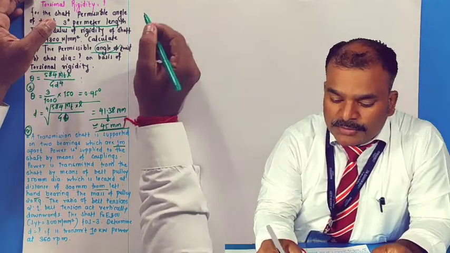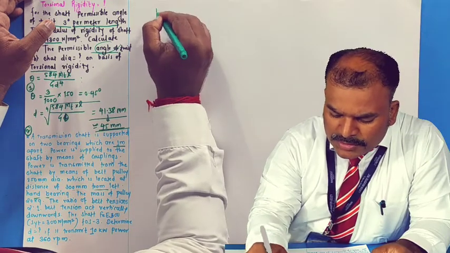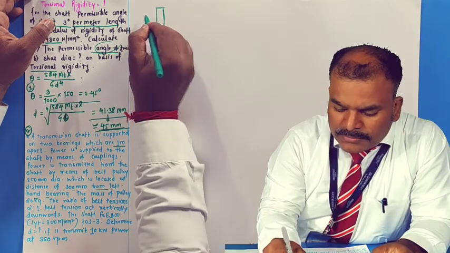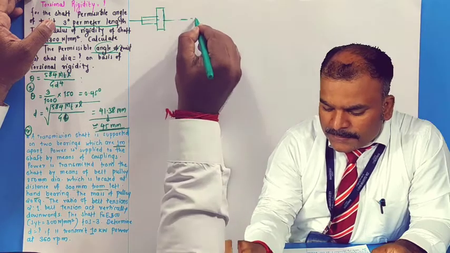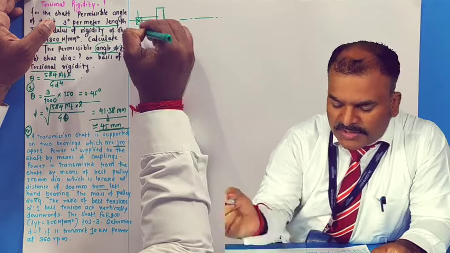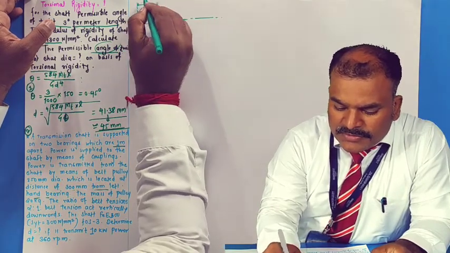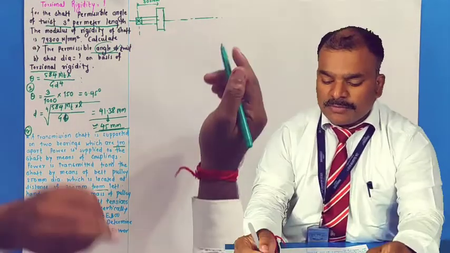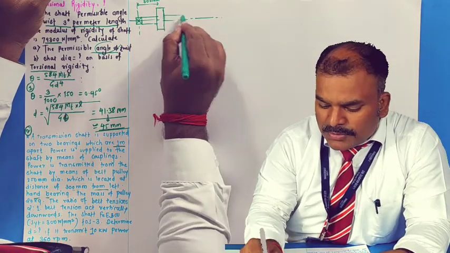So I will have to draw the diagram. First of all, I'll draw the pulley. Now they have suggested we calculate at the bearing. This is the left hand bearing with its center, and they have told us this distance is 300 mm. The total bearing distance is 1000, so the remaining is like this.